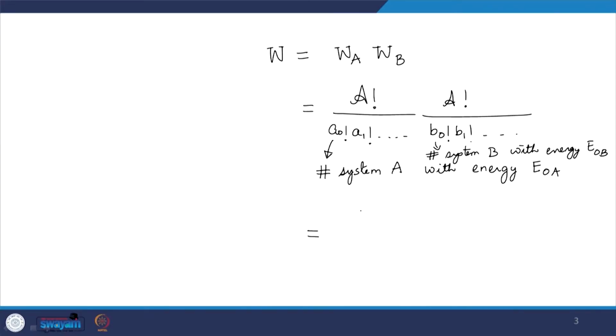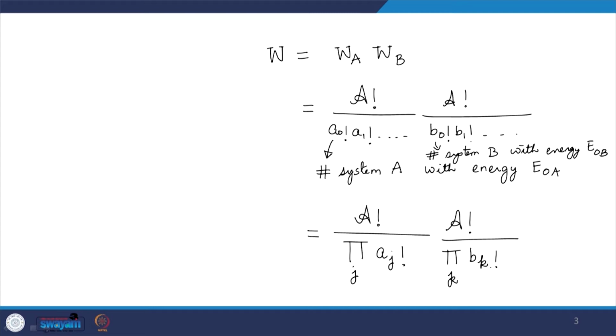Now, just like I wrote for the last example, here as well we can write W_A as A factorial by the product over j of A_j factorial, and again A factorial by the product over the index k of B_k factorial.